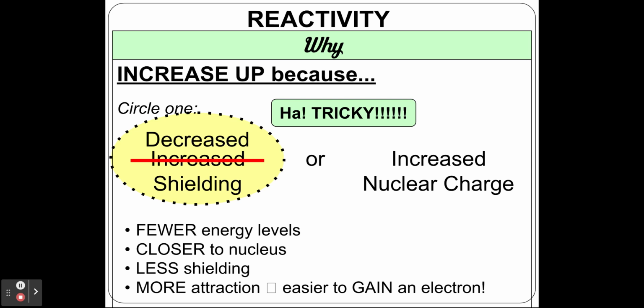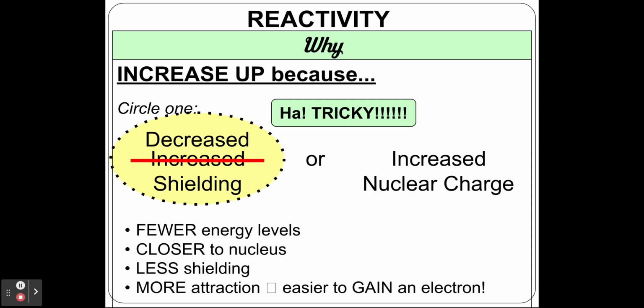When you go down a group, the atom is getting bigger. You're adding more energy levels. The electrons are getting farther from the nucleus, so there's not as much pull on the electrons. So it's easier to remove electrons, and it's the ease of removing electrons that makes a metal more reactive.